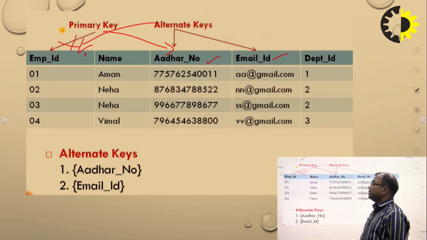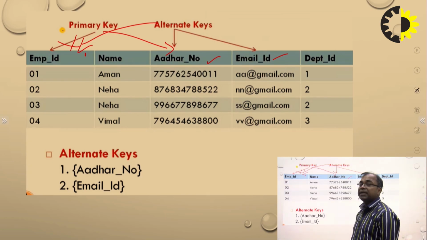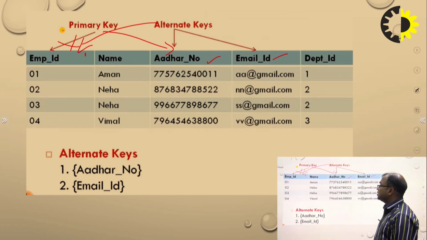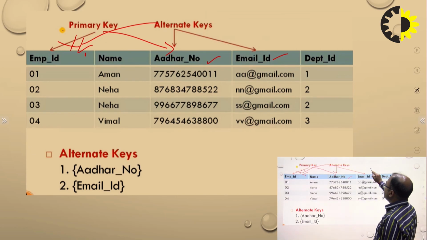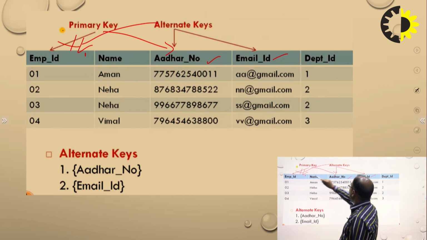So it is not fixed which one you choose as the primary key. Any one from the candidate keys can be chosen as the primary key, and the left ones are called alternate keys.